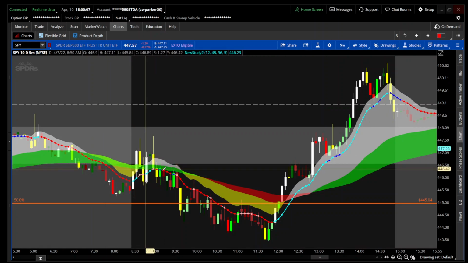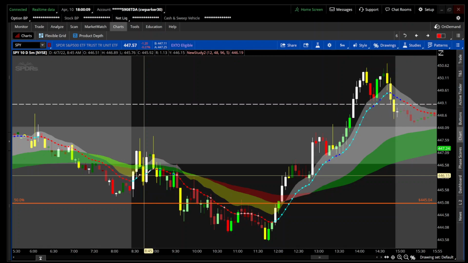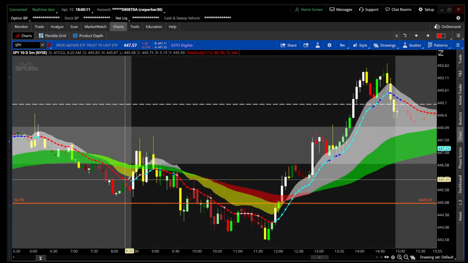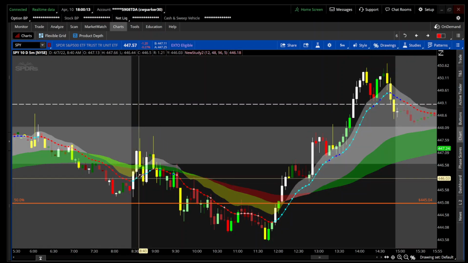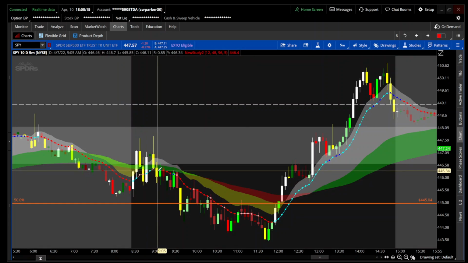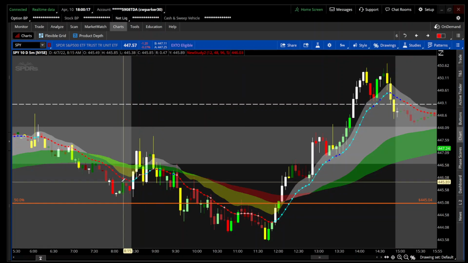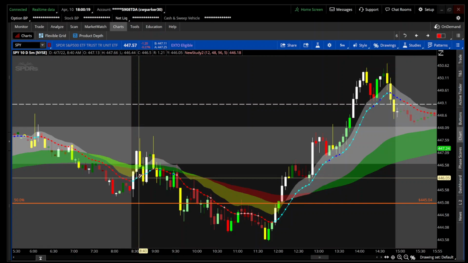But when you look at the midline, you can see all this confusion because it's switching from red to cyan to pink to cyan to pink. Cyan shows that all three moving averages are separating, and there's momentum to the high side.